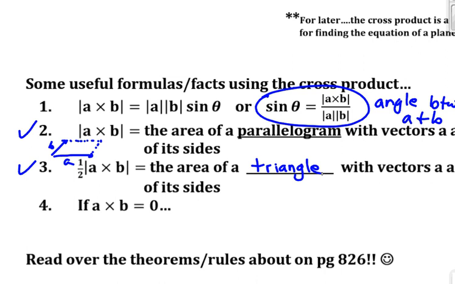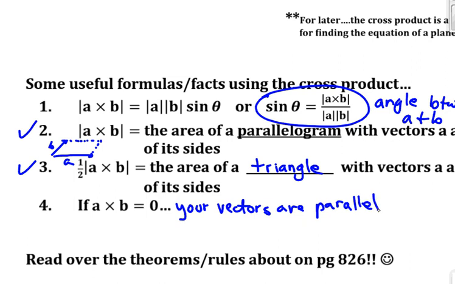All right, let's play for a second. So, if the cross product equals 0, I forgot, then that's another way to prove your vectors are parallel.